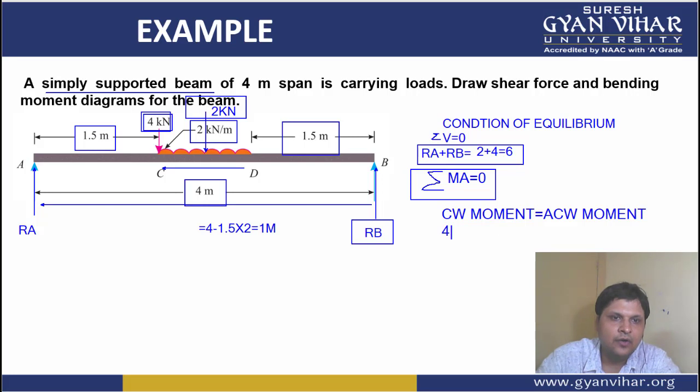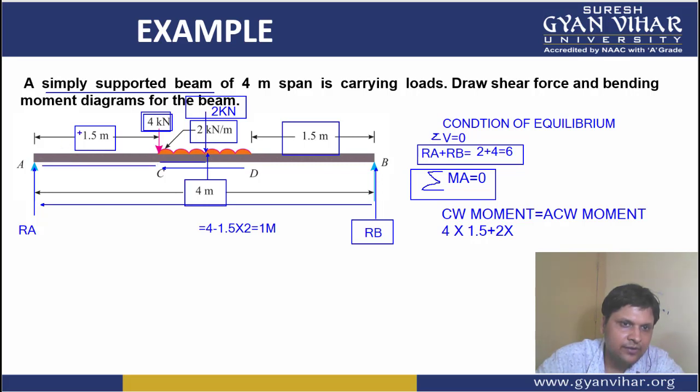And what is the distance of 4 kilonewton force from A? The distance of 4 kilonewton force from A is 1.5. All right, then the other force is the UDL force. The value of it is 2 kilonewton. And what is the distance of this 2 kilonewton from A? Since we all know that UDL acts at its center, it will be from here to here plus from here to here.